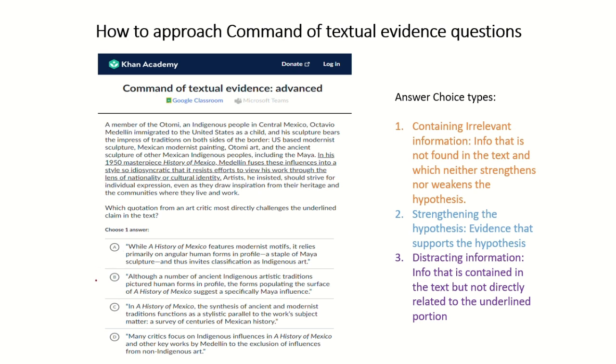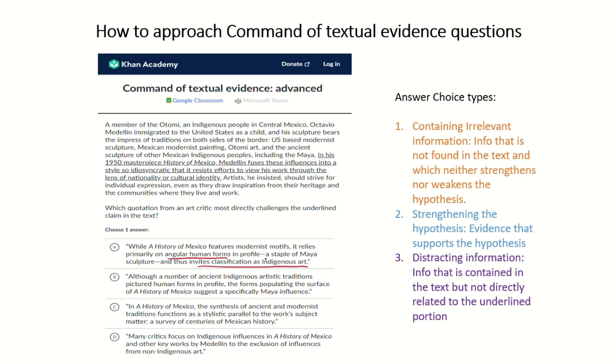So let's start by comparing A and B. A says, while this features modernist motifs, it relies on angular human forms in profile. So this seems a bit new, like this word or phrase is not directly given, but it's kind of indicated. A stable of Maya culture and thus invites classification as indigenous art.